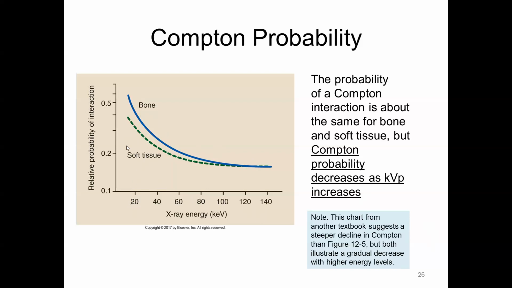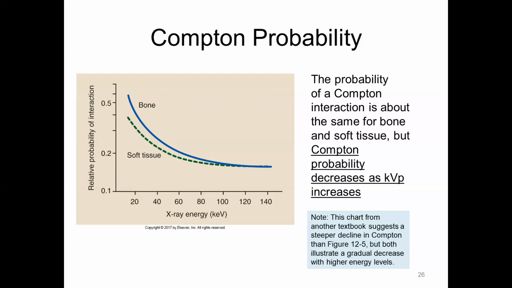At a low energy level, you have a good chance of scattering, just like you have a good chance of absorption. That's fairly similar for bone and soft tissue. So bony tissue is going to have slightly higher odds of Compton scatter, but not much more than the odds in soft tissue.